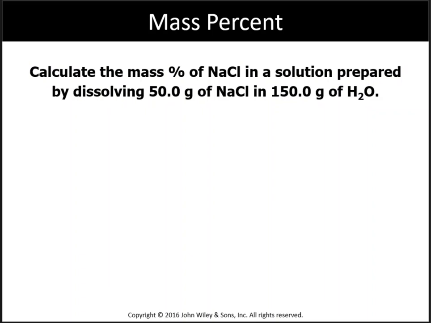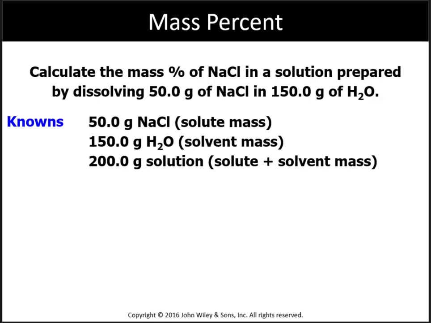Mass percent is the mass of solute over the mass of solution. So we've got to identify what the solute, solvent, and solution are. The solute is sodium chloride, and we have 50 grams of it. The solvent is water. We have 150 grams of it. The solution is the solution of sodium chloride and water, which is 200 grams.